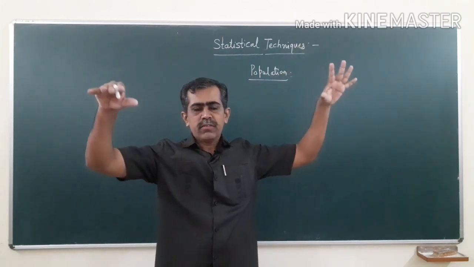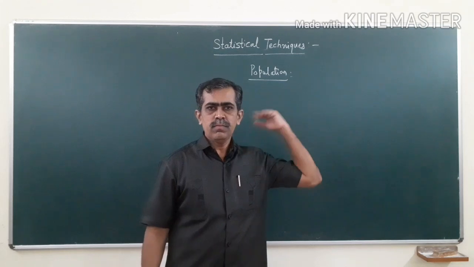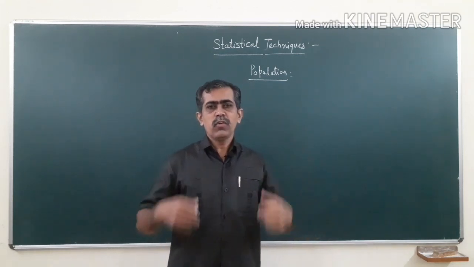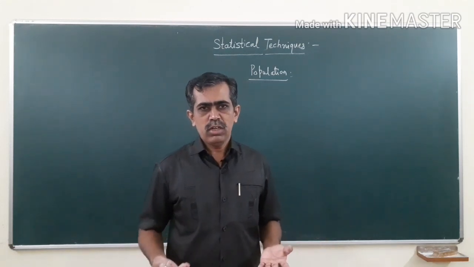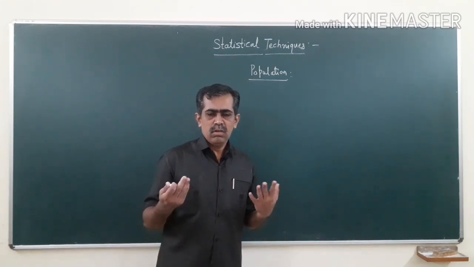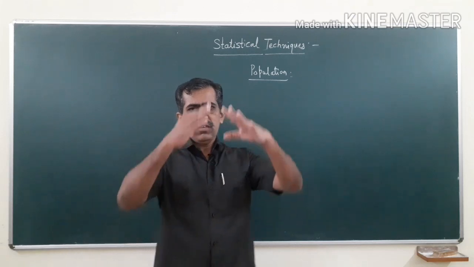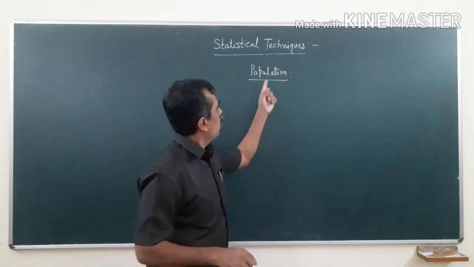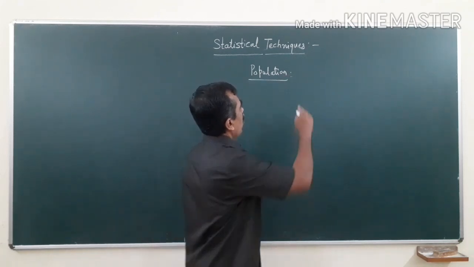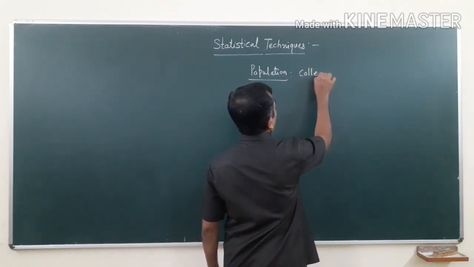Collection of all objects, all first year students from say Mumbai University, or I may consider all first year students from SRM college. Okay. So it depends on you how much is the size of the data you are interested in.